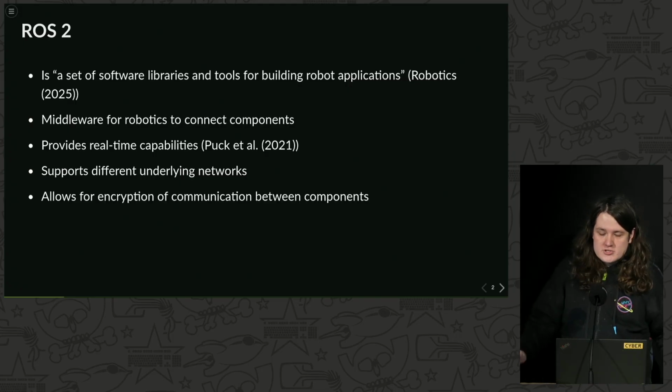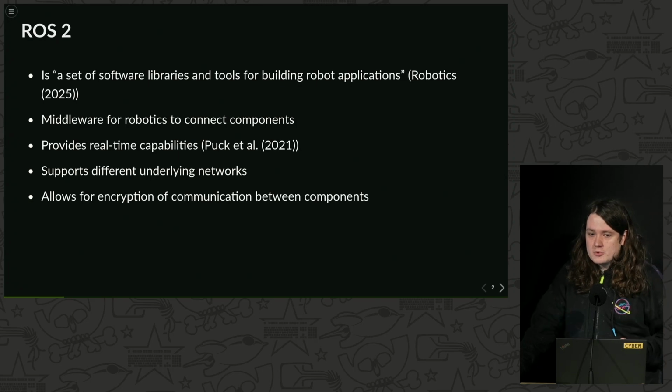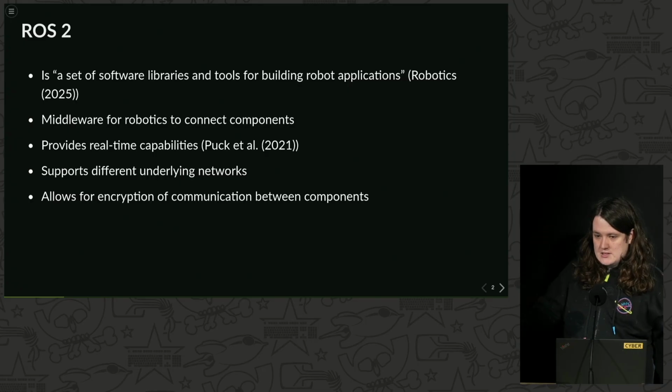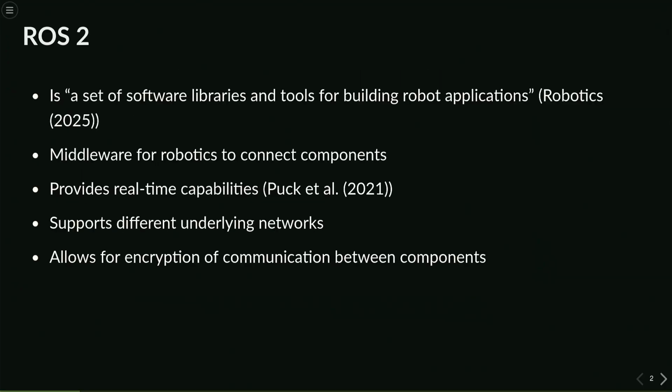And contrary to ROS 1, ROS 2 supports encryption of communication between components. It's basically just using some crypto library with keys that you sign, and you can verify which components talk, and you can encrypt the data, and then you can say, okay, this component is only allowed to talk to this other component on these specific topics. That is in 1 second.